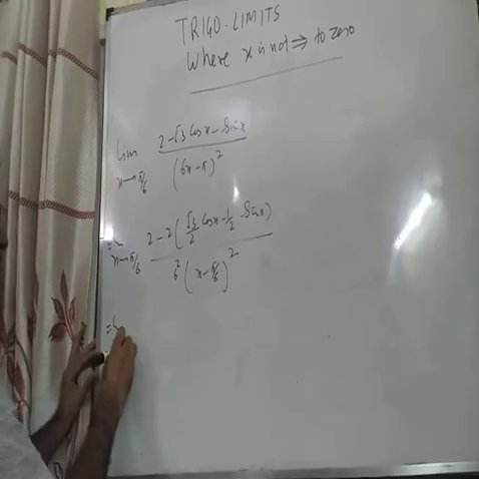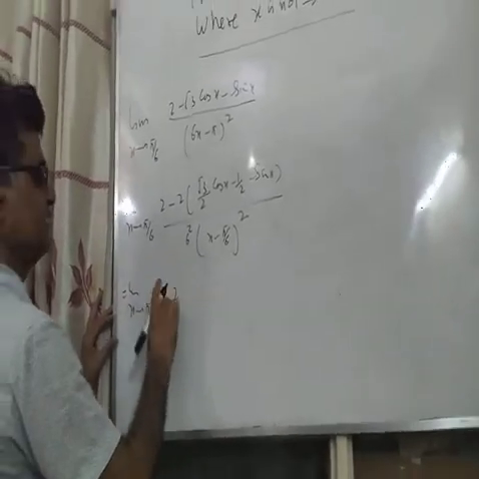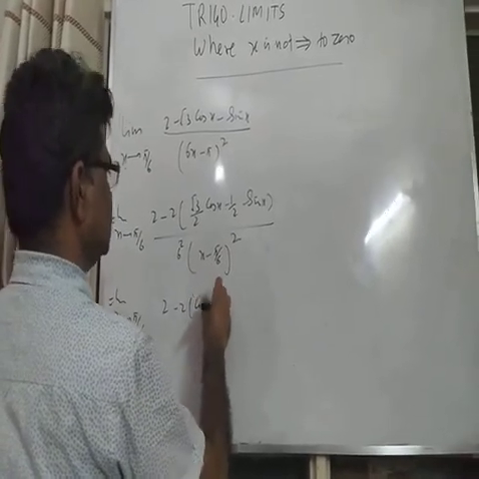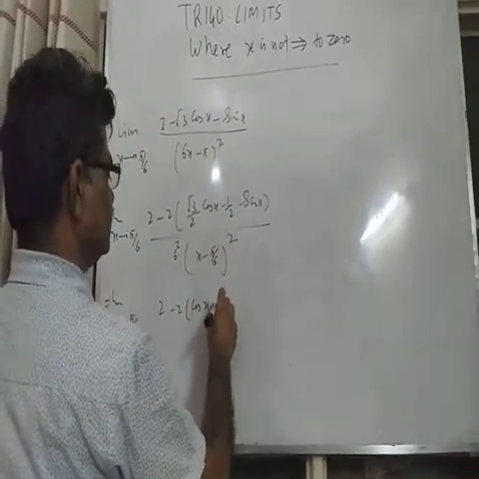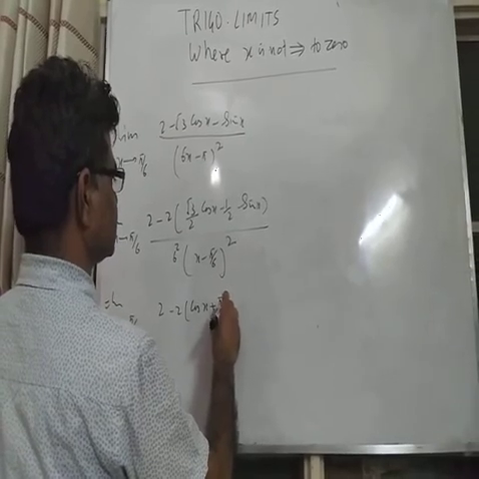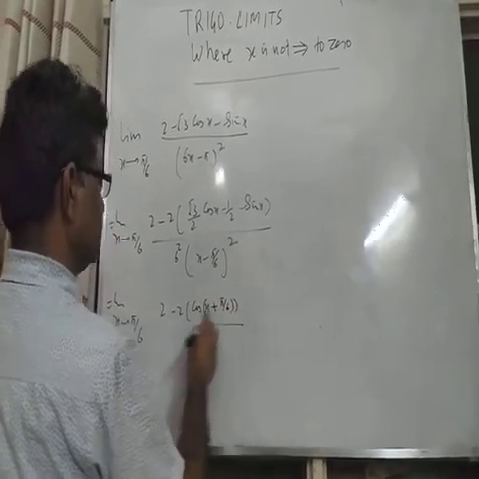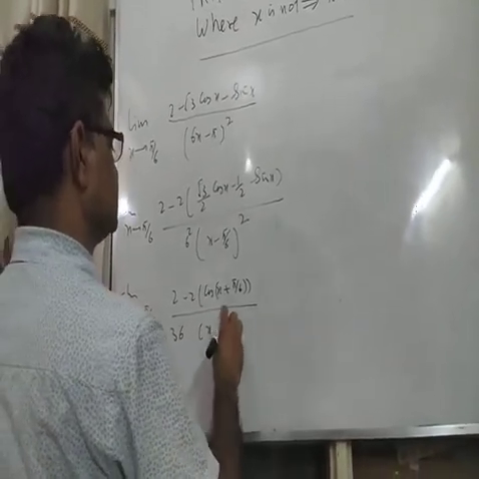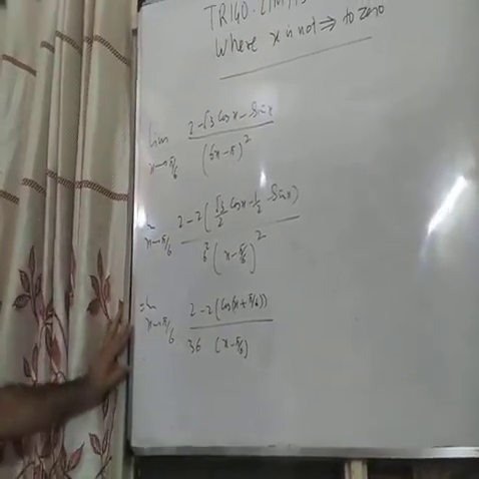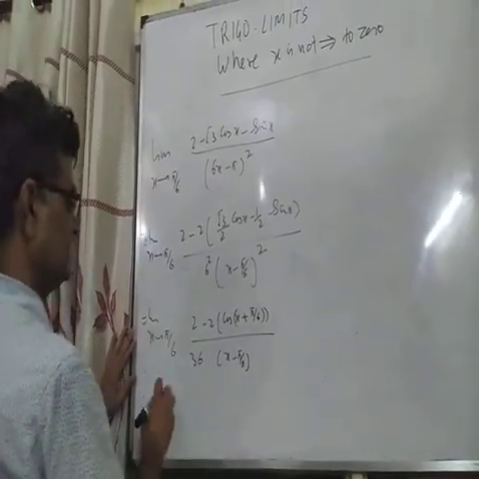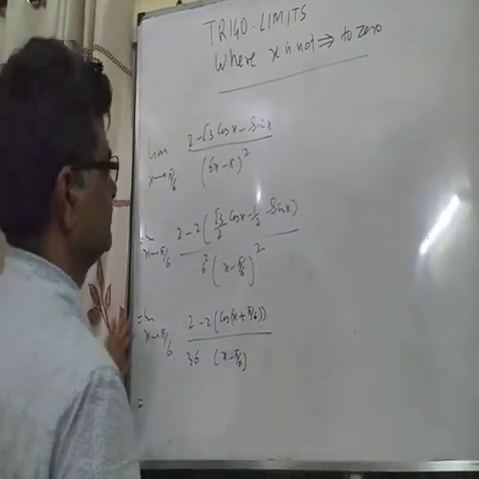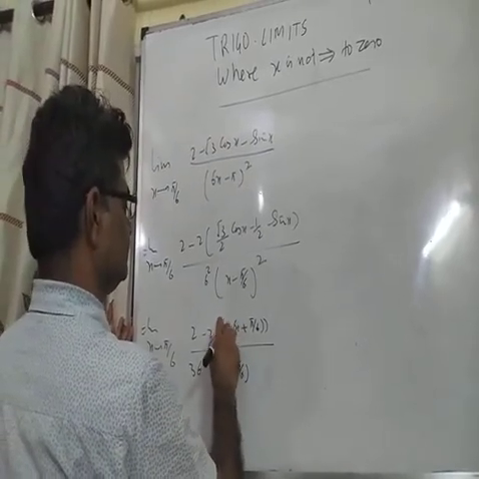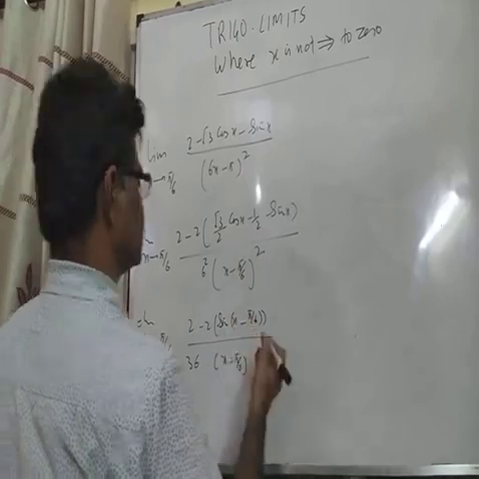So limit x tends to pi by 6, you can see 2 minus 2, and this we can write as cos(x plus pi by 6)... upon 36 (x minus pi by 6). So we are taking it as sine of x minus pi by 6.